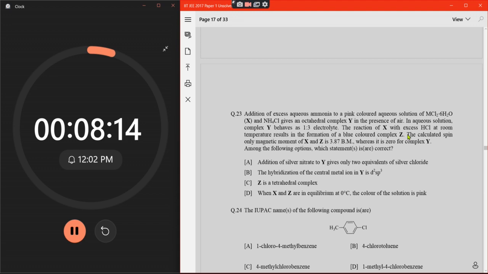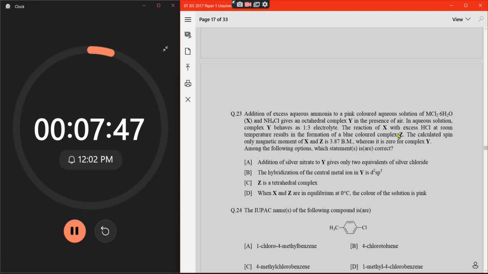Reaction of X with excess HCl at room temperature. Okay, X को अपन रिएक्ट करवा रहे हैं, मतलब बेसिकली ये चीज, राइट? या मतलब ये चीज with excess HCl results in formation of blue colored complex Z. The calculated spin only magnetic moment of X and Z is this thing, whereas it is 0 for complex Y.